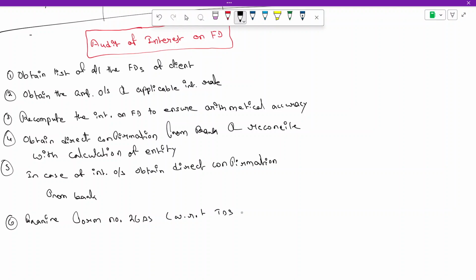Form number 26AS is regarding TDS deducted, and reconcile with calculation of the entity. TDS is applicable on interest on FD at the rate of 10%. Section number is 194A, as far as I remember 194A. Reconcile with calculation of client.